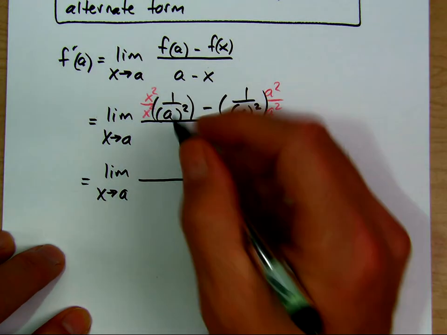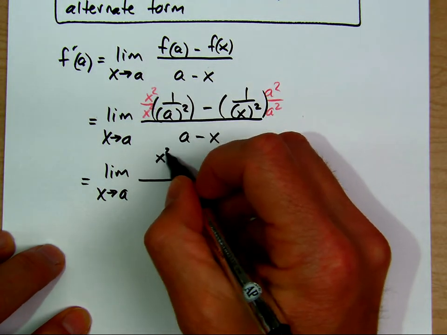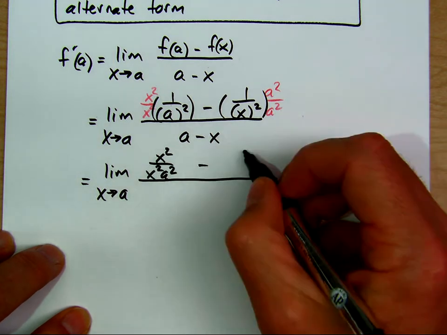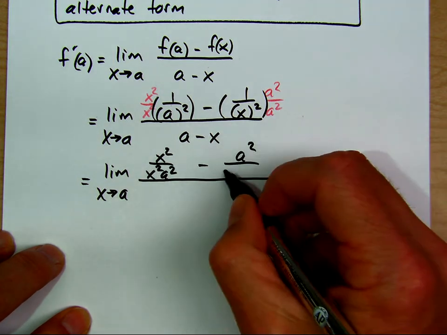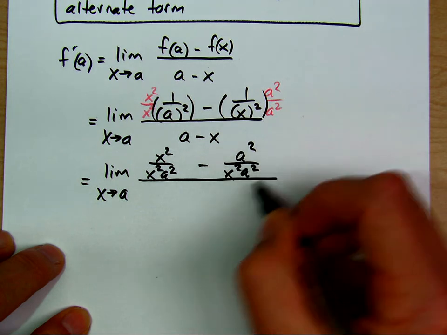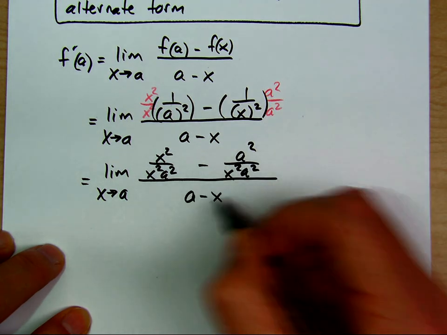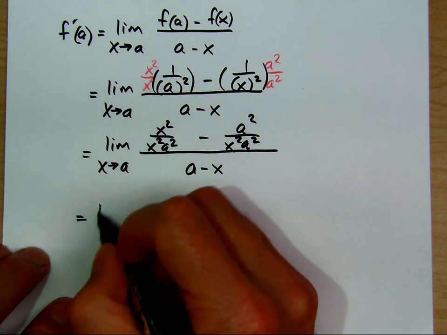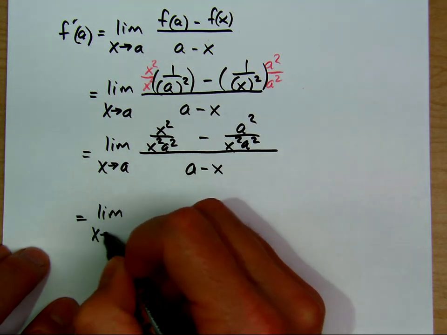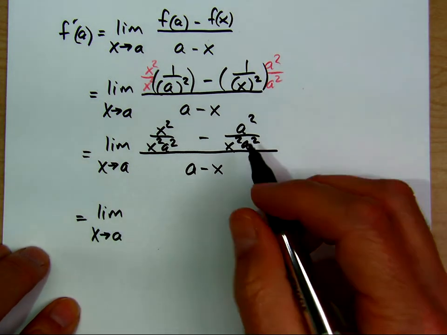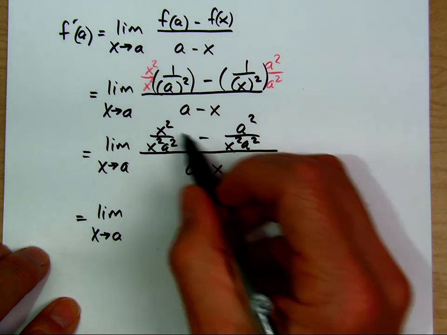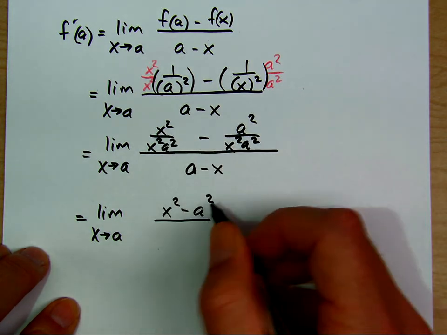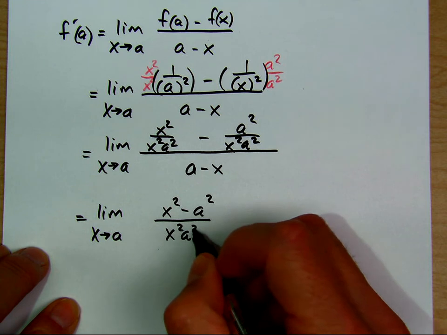So now we're going to have x squared over x squared a squared. Here we have a squared over x squared a squared. And that means we have x squared minus a squared over x squared a squared.